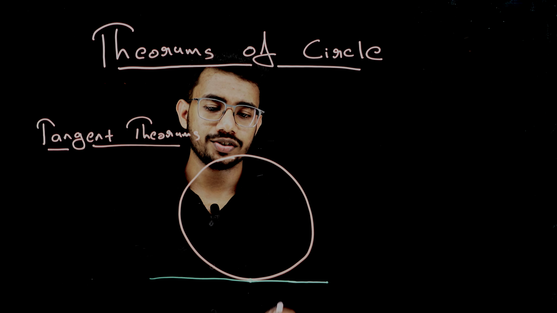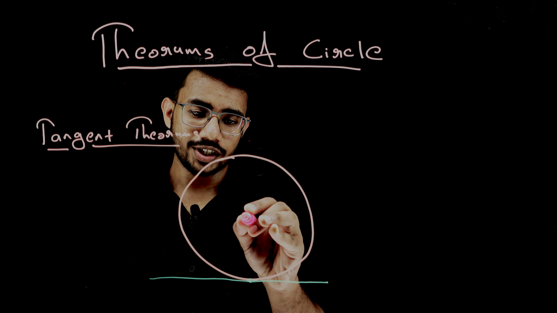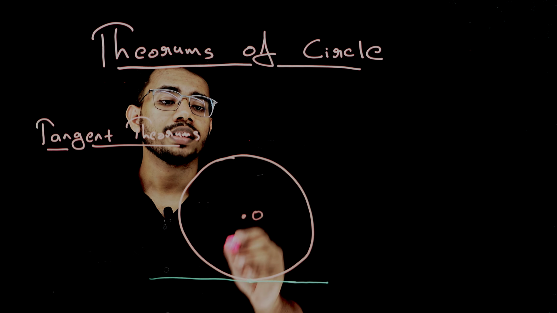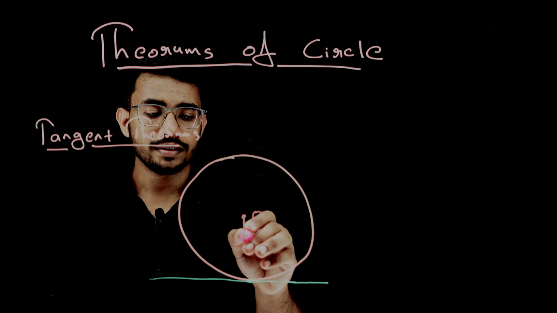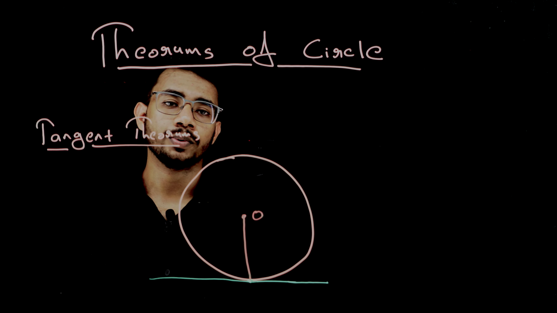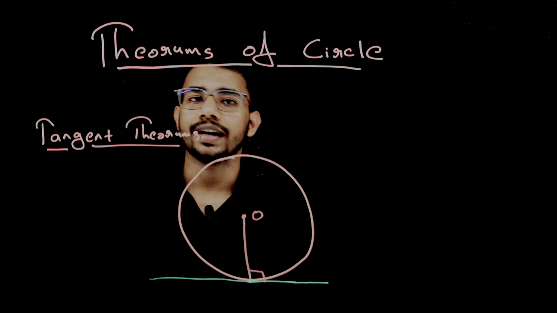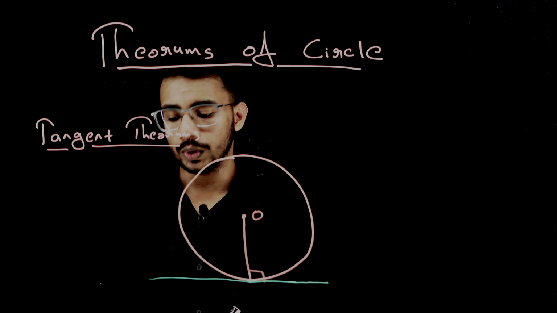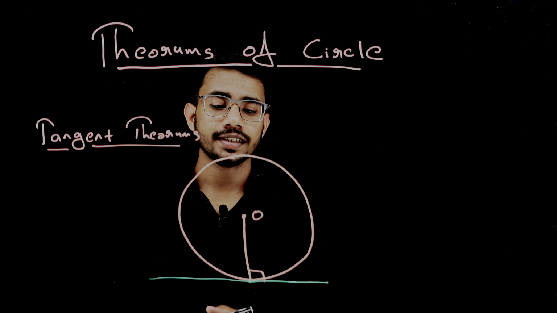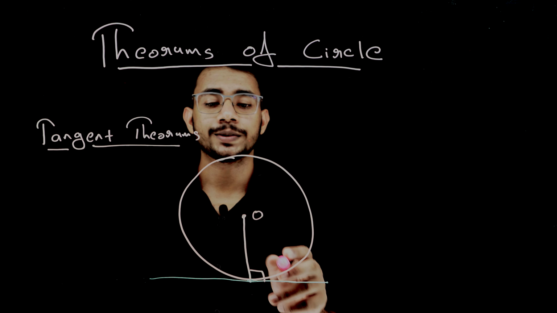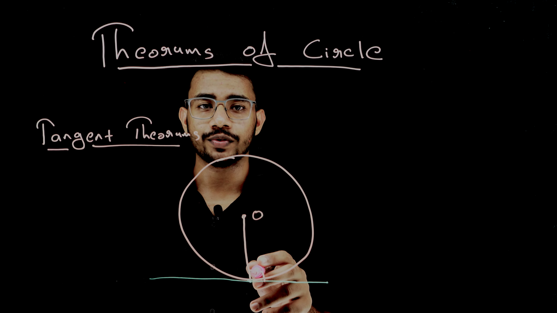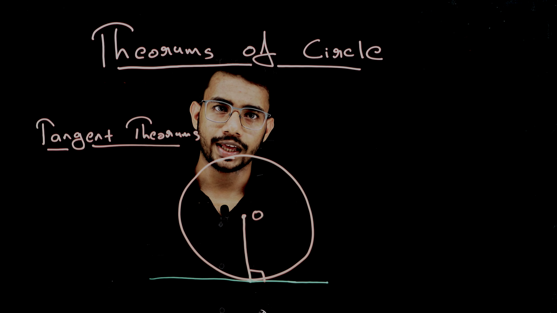If that is the case, and I'm having the center at the point O, and I'm drawing a straight line to that point, then the angle is going to be 90 degree there. That is my first rule. So as a definition, I can say that the tangent of a circle is perpendicular to the radius of the circle at the point of contact itself.